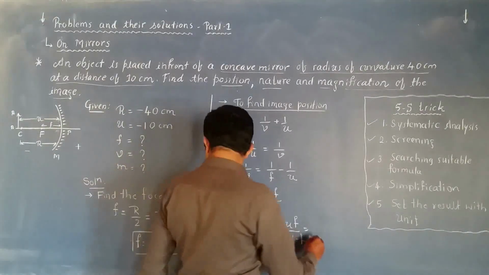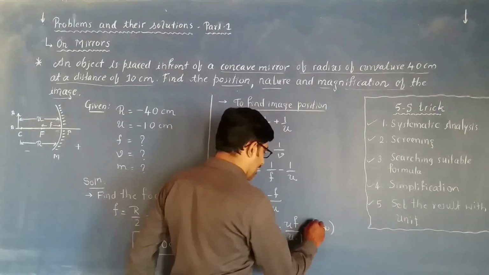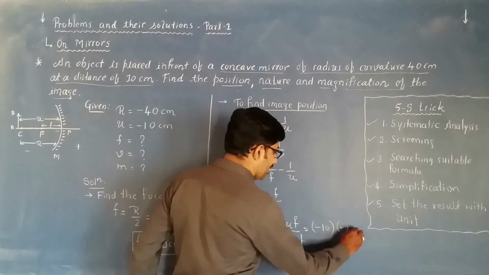Hence substitute the values. u is equal to minus 10, and f is minus 20.